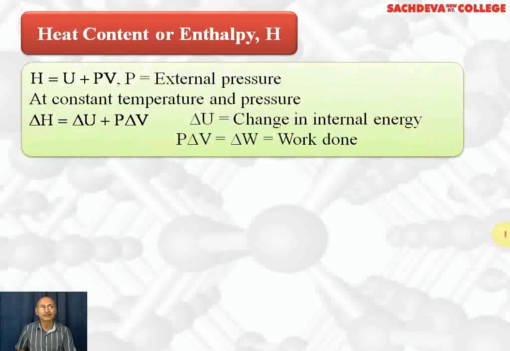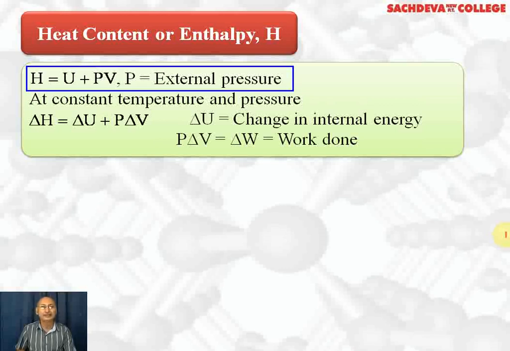Now, what is enthalpy? Enthalpy is defined as the total heat content of the system. Mathematically, H is equal to U plus PV. H is denoting enthalpy, U is internal energy, P is pressure, external pressure, and V is volume.